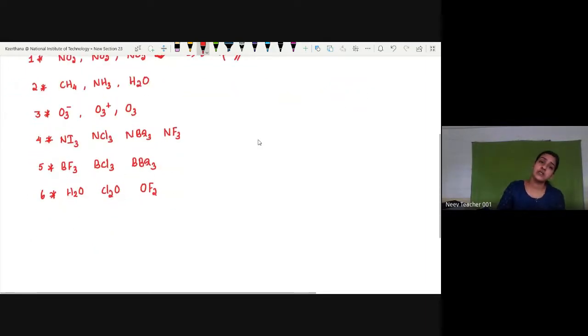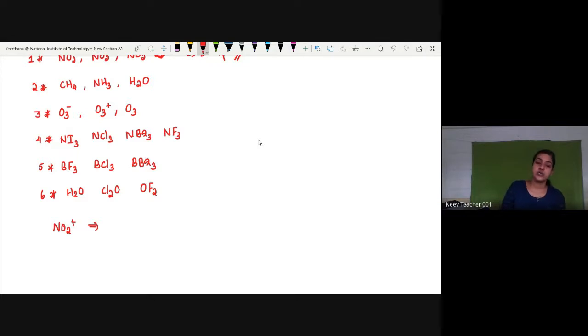So when you are considering NO2 plus, what is the shape and geometry? No need to talk about geometry, what is the shape? You need to know the geometry, but here we are only concentrating on shapes or the bond angle.